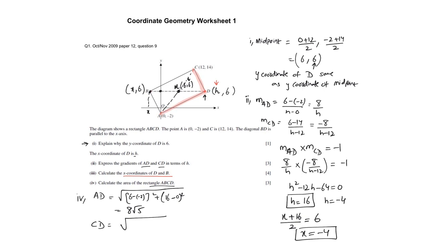So (h minus 12), which is 16 minus 12, the whole thing squared, plus (6 minus 14), the whole thing squared, gives 4 root 5. And the area of this rectangle would be length times the width. Hence you get 8 root 5 times 4 root 5, which is 160 unit squared.